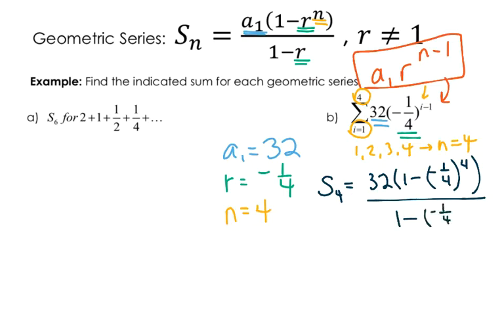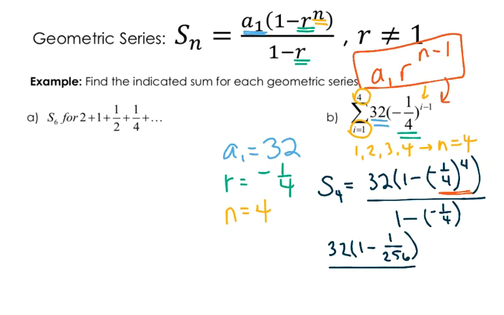Now, be careful when you're doing this work. First thing you want to do is you want to do the negative 1/4 to the 4th power. So, I'm going to run out of room again. So I've got 32, 1 minus negative 1/4 to the 4th power is positive 1 over 256.